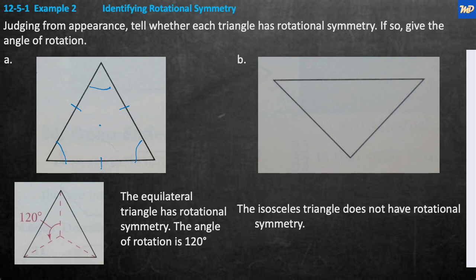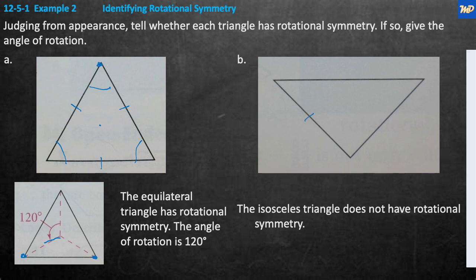I can rotate 120 degrees, as you see in this picture down here, and you get the same picture back. And I rotate it again 120 degrees. This point up here on the first rotation would end up maybe here, and then on the next rotation it would end up here, but I couldn't tell the difference in the triangle. Rotational symmetry, 120 degrees.